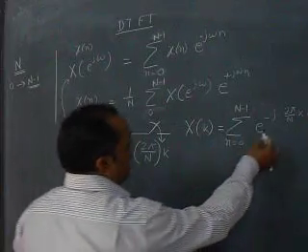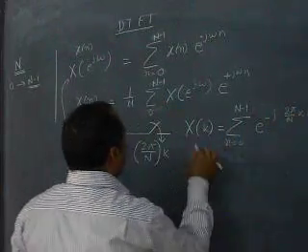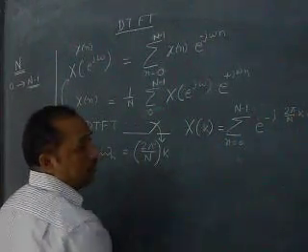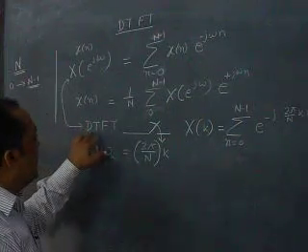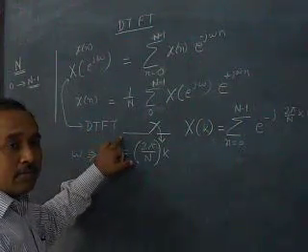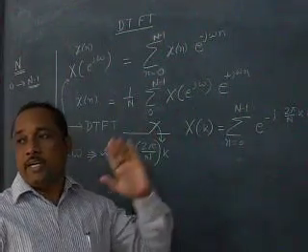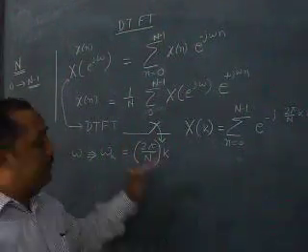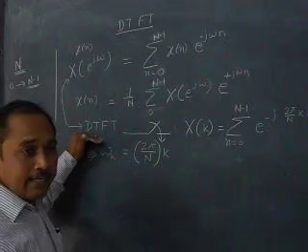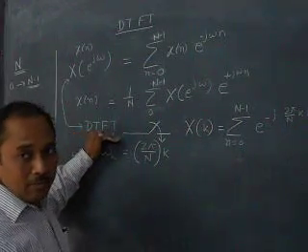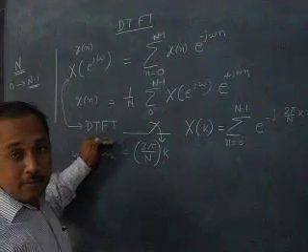Now, this one is known as which type of transformation? This is the discrete time Fourier transformation, and this is the discretization of the Fourier transformation. Whatever the signal was, a discrete time signal, we have applied the Fourier transformation.